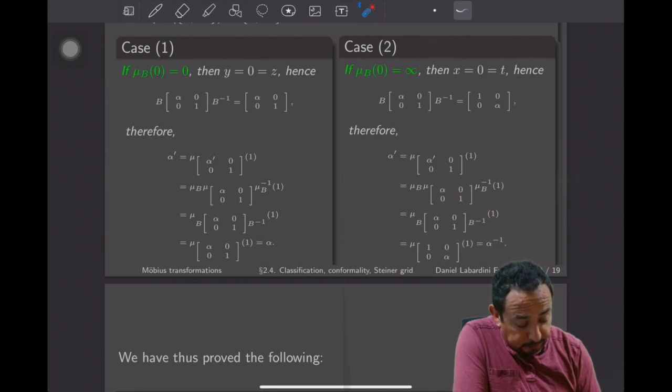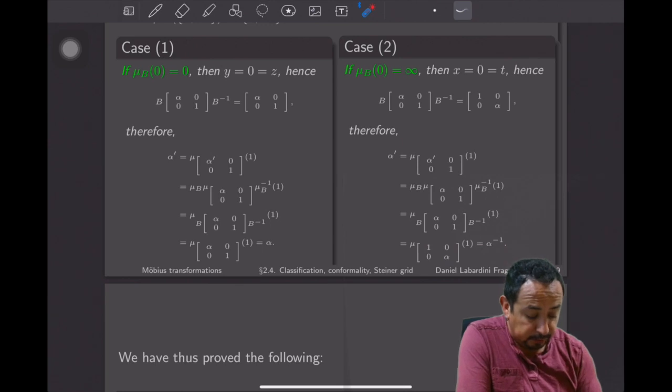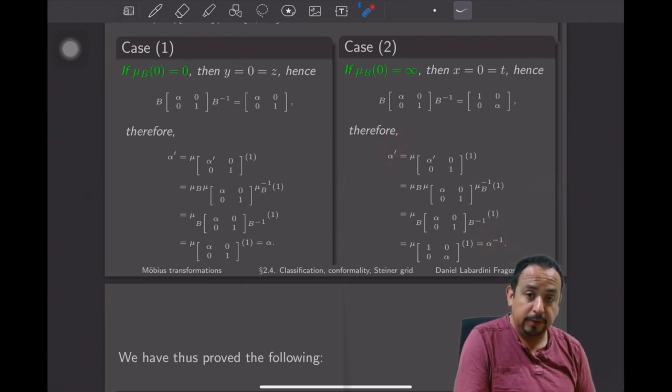And then this product just interchanges the diagonal entries. And when I evaluate this at 1, it's 1 divided by alpha. So it's alpha inverse. So alpha prime is alpha inverse.